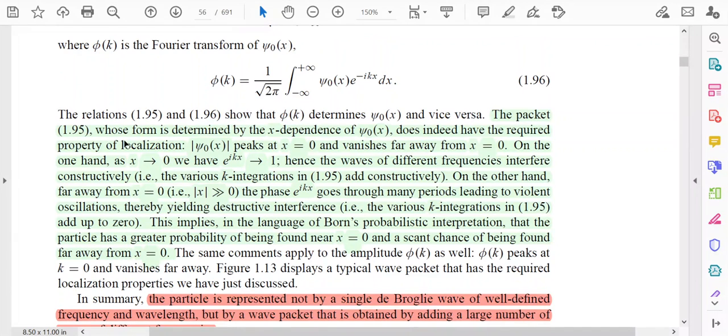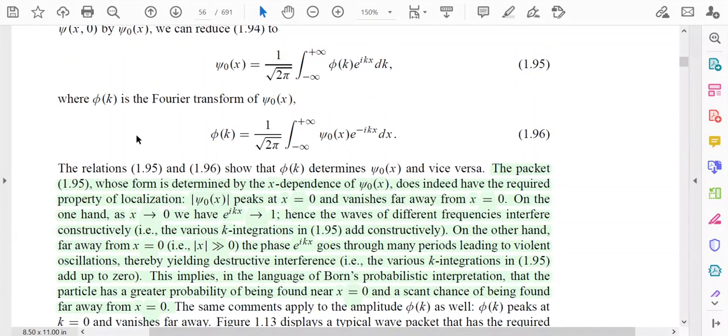The packet described by equation 1.95, psi_0(x), whose form is determined by the x dependence of psi_0(x), does indeed have the required property of localization. So how can we understand whether the wave packet in equation 1.95 is localized or not?